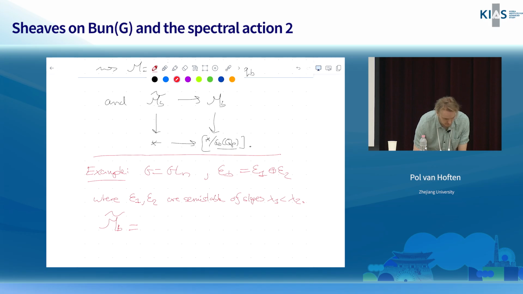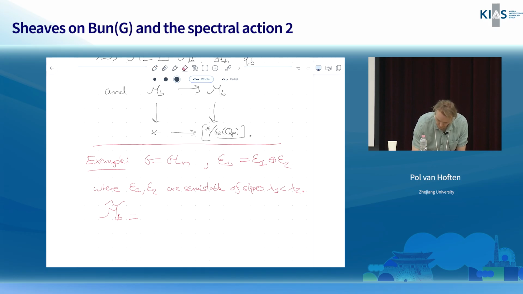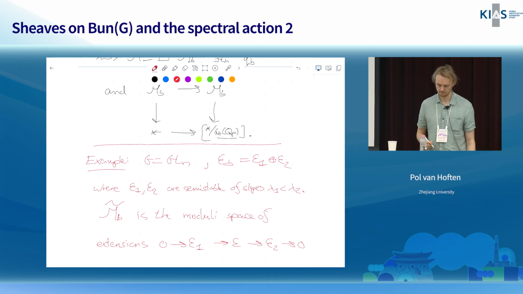I always get confused with the direction, so let me just write: this is the moduli space of extensions. I hope I'm getting the 1 and 2 right here. Okay, so it's a moduli space of extensions.